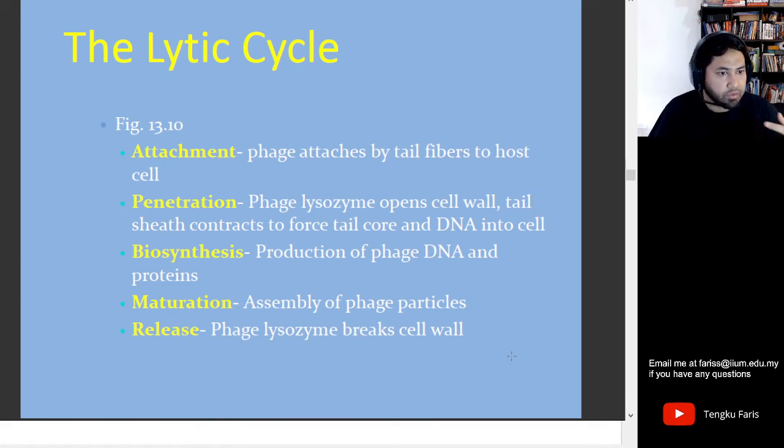After that, they start to produce or multiply these DNA components and certain types of proteins. This is the biosynthesis phase. After that, these DNA components start to mature and become phage particles, and they can invade some other location, or they can leave the host cells. Once the host cell has died or been broken down by the phage lysozyme enzyme, they can leave and enter some other organism.